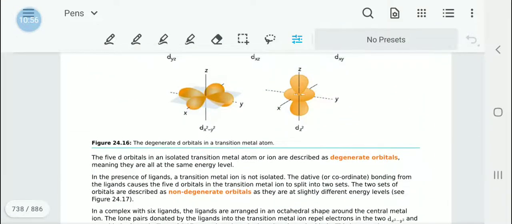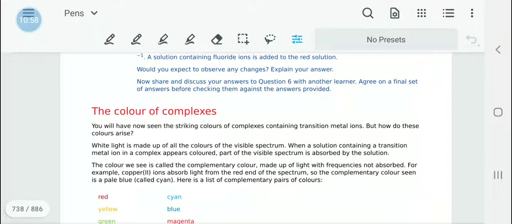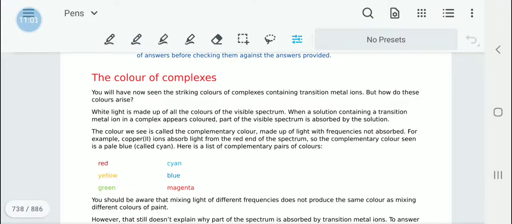Write down a note on this. The color of complexes.